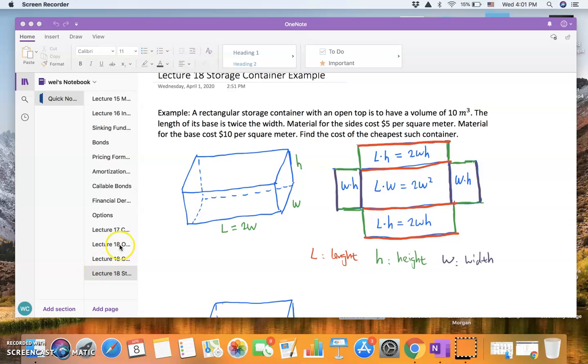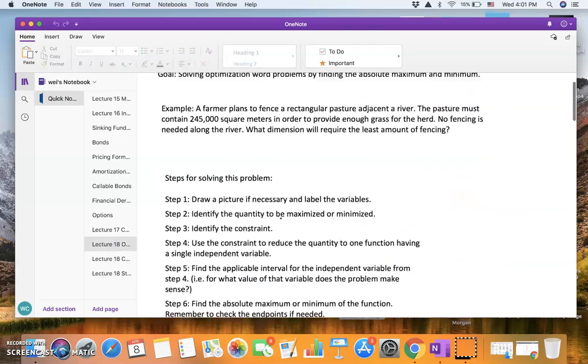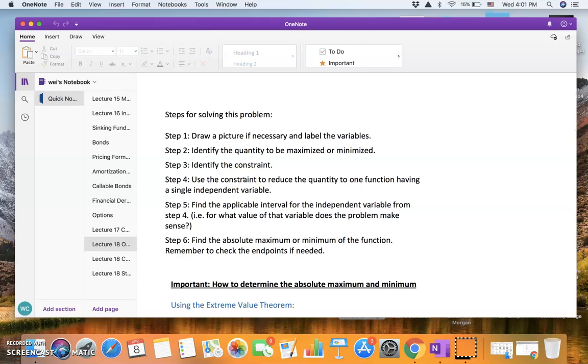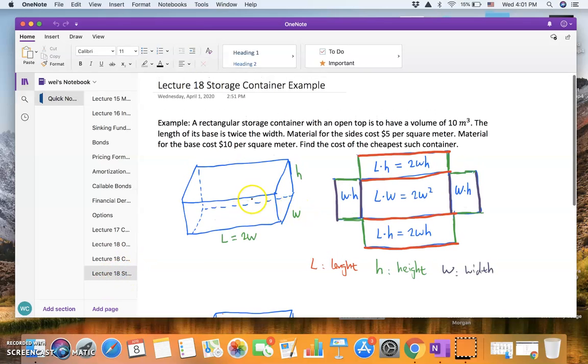When we are solving an optimization problem, we can solve the problem by following this strategy. Step one is to draw the picture, and step two is to identify the quantity to be maximized or minimized. So here, I draw the picture.